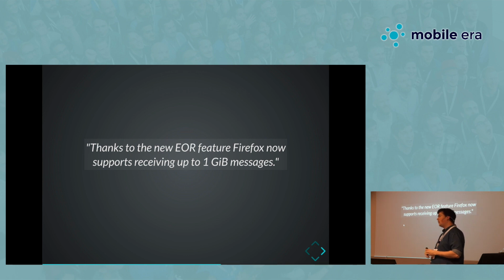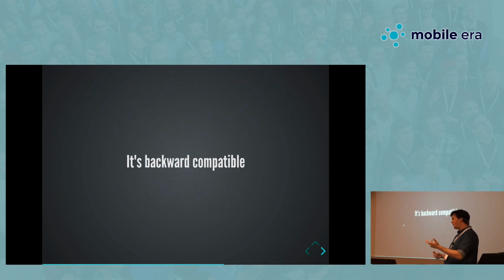Firefox only supports down to, I think, around 1 gigabyte on the smallest devices, so you're limited to 1 gigabyte. And coming up from 64 kilobytes, that's amazing. And of course, it's backward compatible, so Firefox can talk to the old Chrome, which hasn't gotten the update yet, but you're probably going to get it.